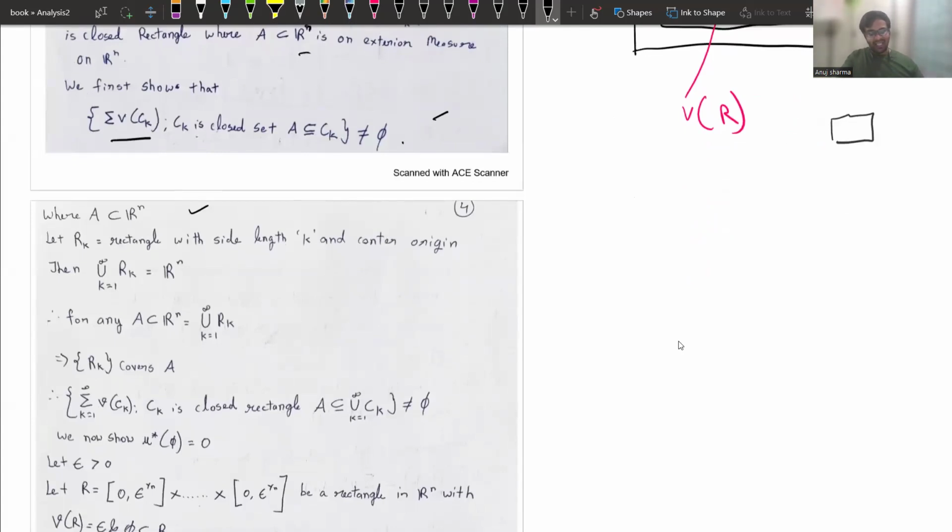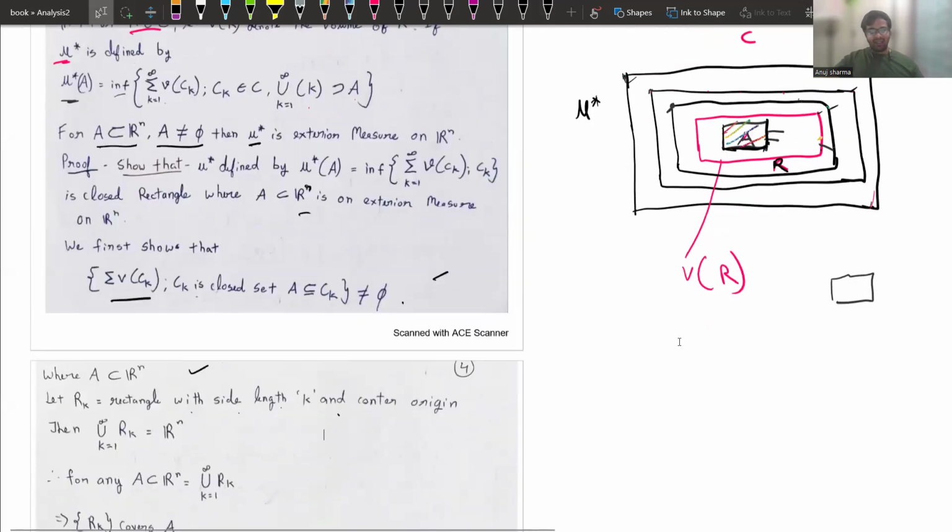Let RK be a rectangle with side length K and center at the origin. It means you can say there is one rectangle.